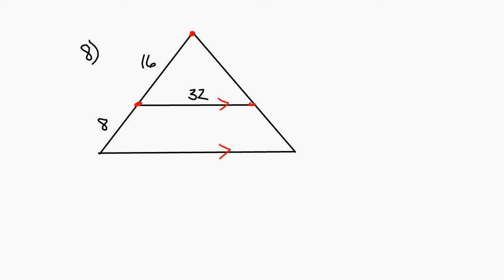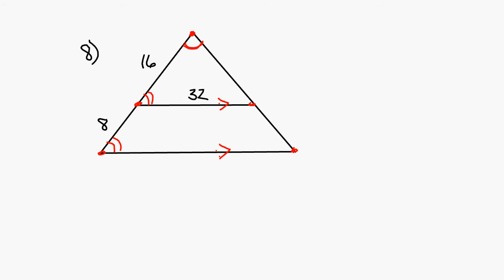Since these two horizontal lines are parallel, it makes this line down the left, and the other two sides of the triangle, transversals. These angles are corresponding, so they're congruent to each other. Both triangles, the little triangle up top and the big triangle around the outside, have this angle.